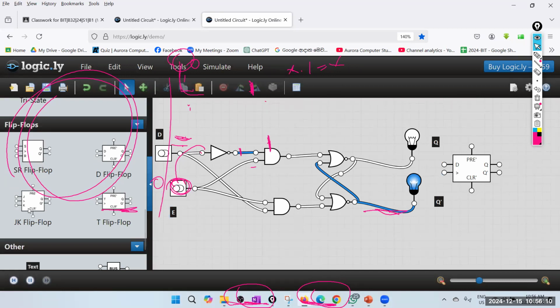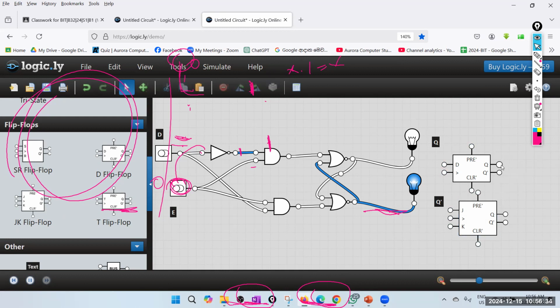And if you take something like a JK flip-flop, you can see preset is there, clear is there. If preset is 0, immediately Q is 1. If clear is 0, immediately Q dash is 1.